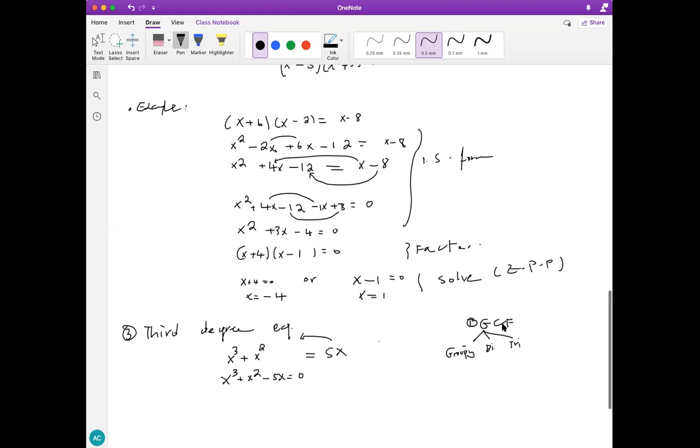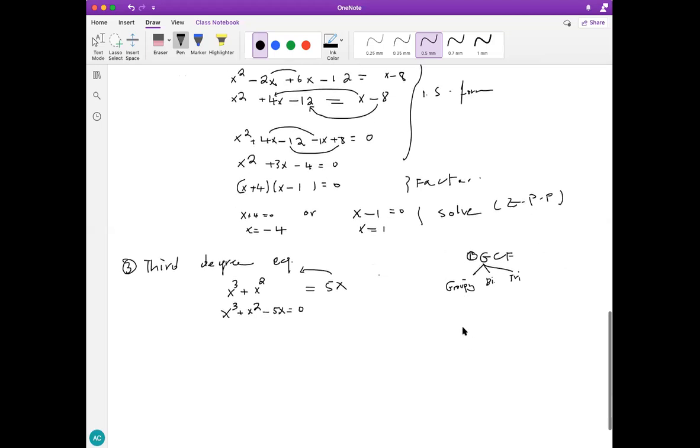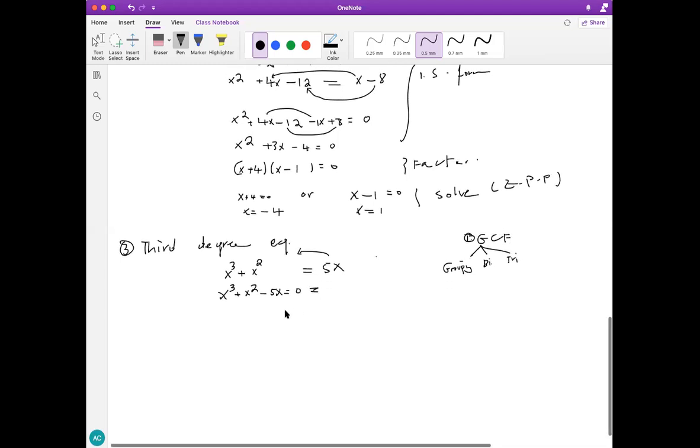I strongly recommend that you go back and review all the methods of factoring. This is going to be very important, 80%, 90% of this will be based on factoring. Always try the GCF first, the greatest common factor. It could be a number, a letter, or both. If that doesn't work, then you try one of these.